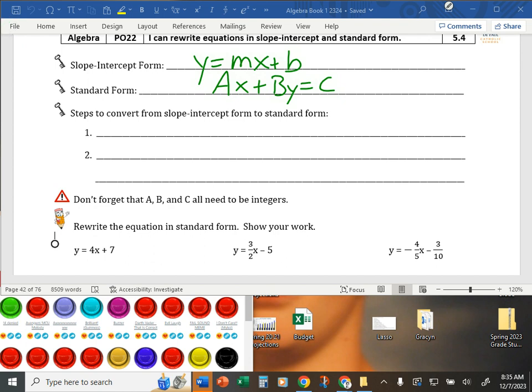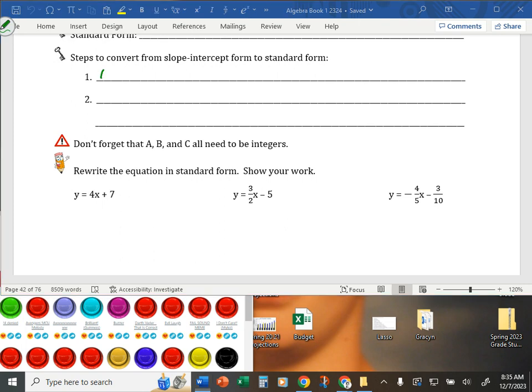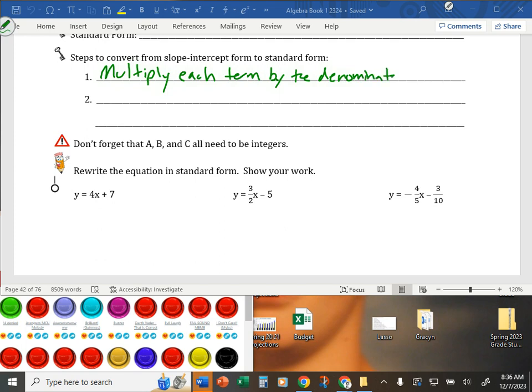So what were the two steps? What were the two steps that we wrote down for converting something from slope-intercept into standard? Aiden, first one. Multiply each term by its denominator. Right. Multiply each term by the denominator. And I think I put this in red.